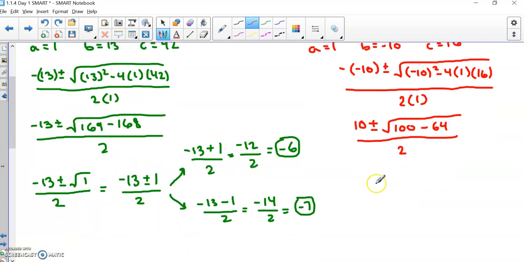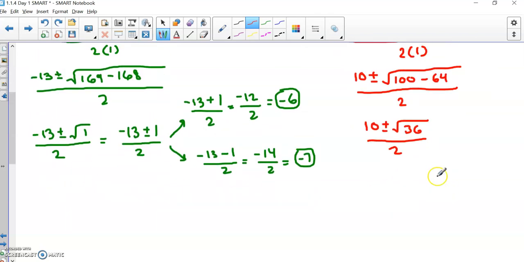Continue to simplify the square root. 100 minus 64 is going to be 36. And so now our square root of 36 is going to be 6. So now this is where we get to break it up into 2.